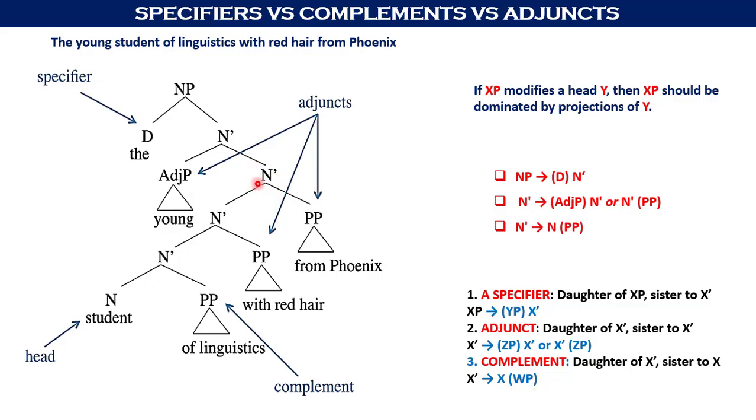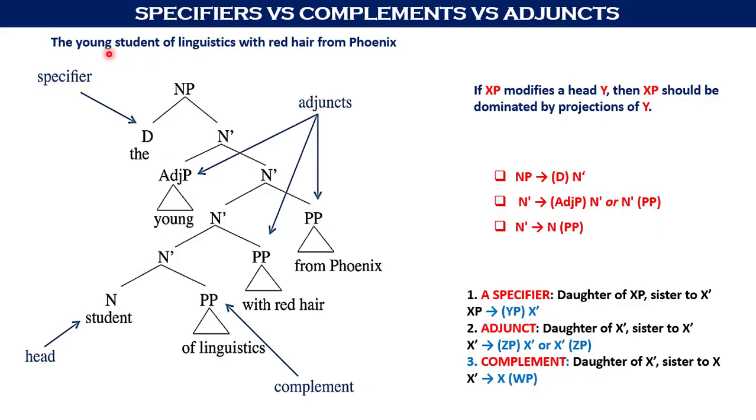We are not done with the adjuncts. We have three adjuncts. The next adjunct is the prepositional phrase from Phoenix, meaning it must be a sister to an N-bar and a daughter of an N-bar. Then we have our last adjunct, with red hair, our prepositional phrase. It is also a daughter of an N-bar and a sister to an N-bar.